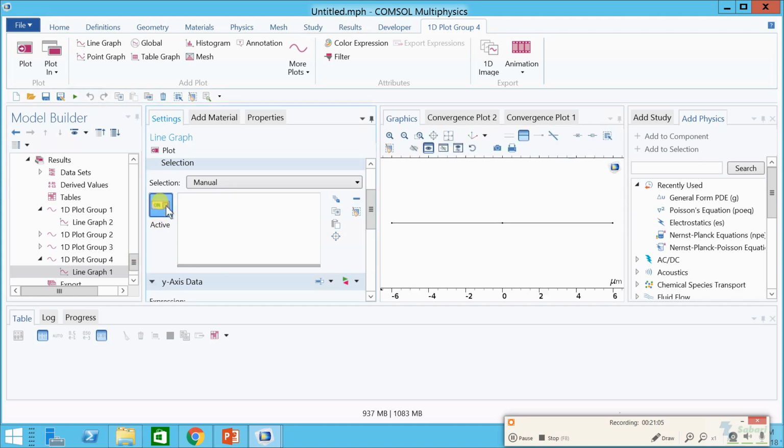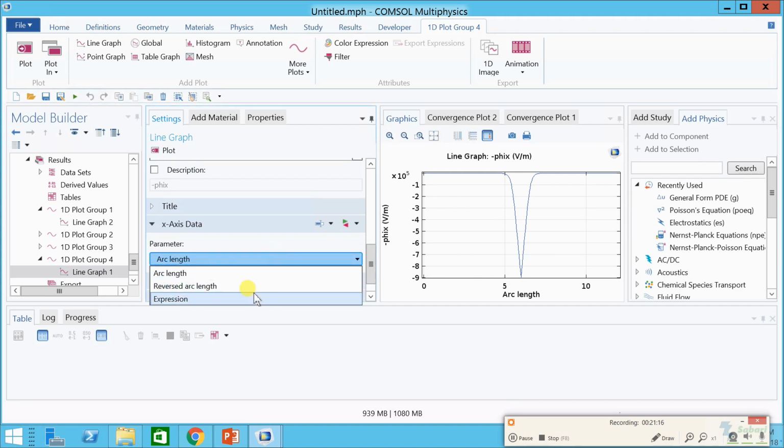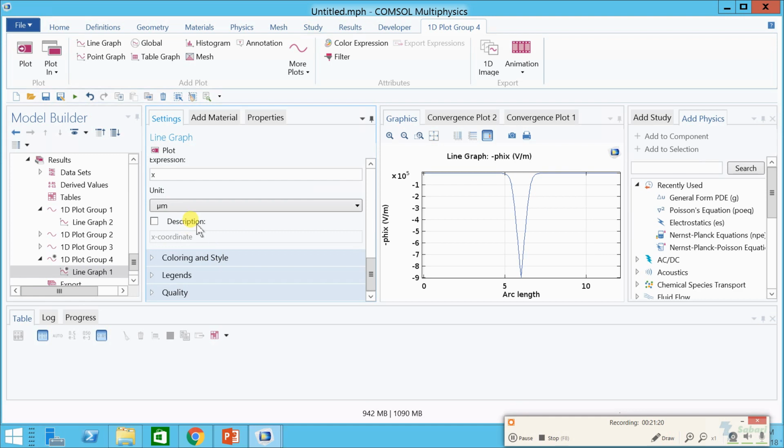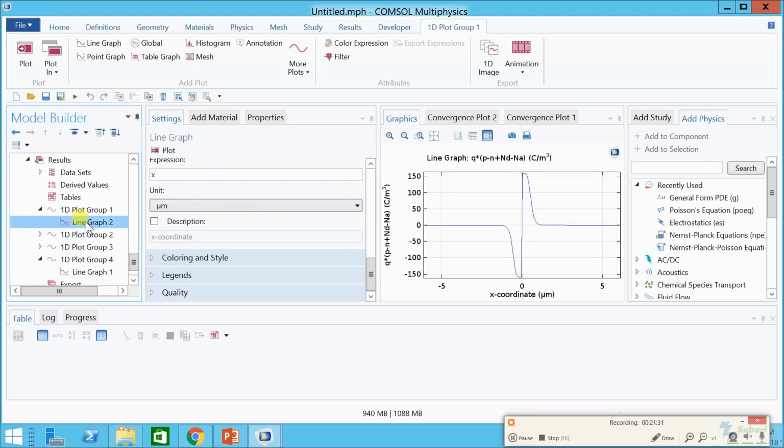So select it. That's it. It's an arc length, so I'm going to change it to be the expression 1. That's it. We got the electric field graph, and then the N-type and P-type concentration profile, and then the space charge region. Thank you so much. We'll meet you next time with a good tutorial.